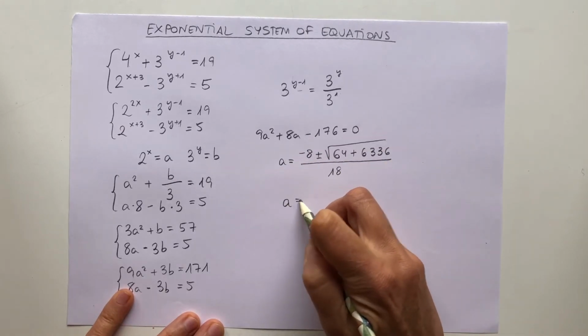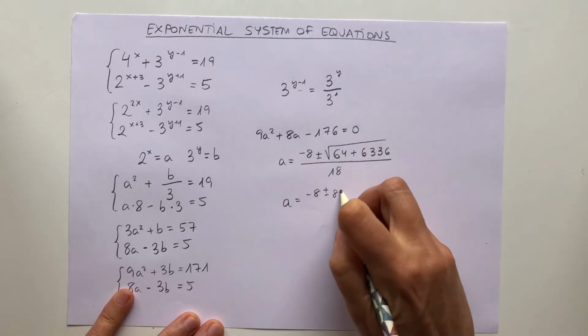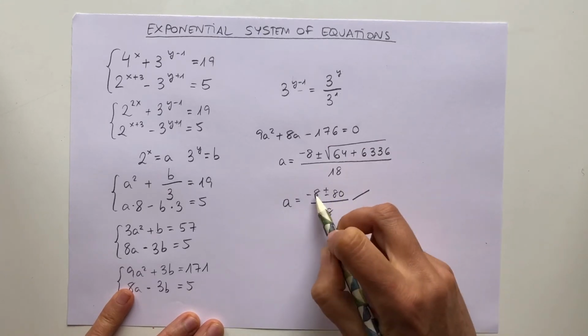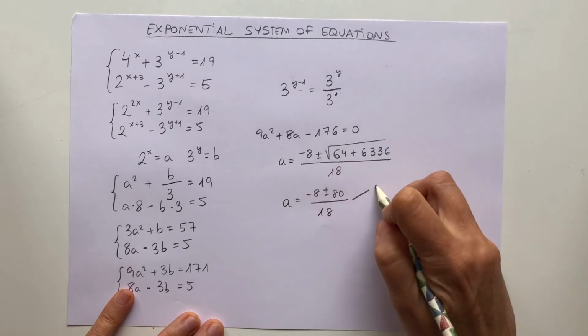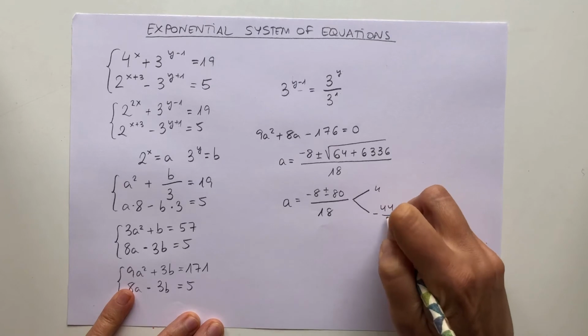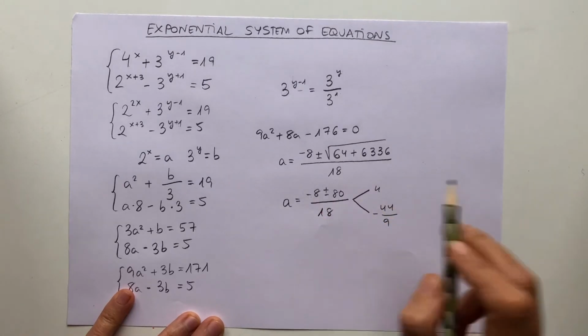So a equals minus 8, plus or minus the root, which is 80, over 18. So we obtain two results. Minus 8 plus 80 over 18 equals 4. And the other would be minus 44 over 9 when we do minus 8 minus 80.